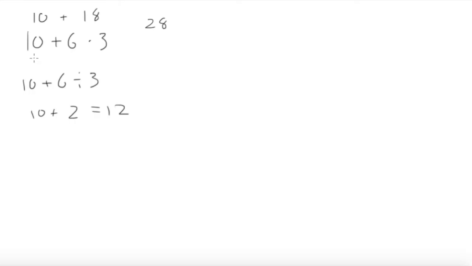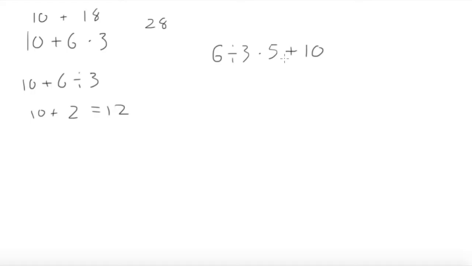All right. So another key rule to remember is that if both multiplication and division are present, they're in the same problem, right? So for example, let's do the 6 again. 6 divided by 3 times 5, plus 10.